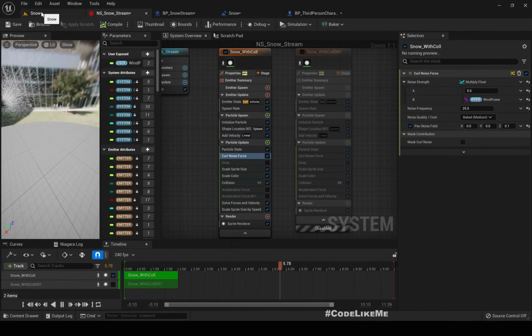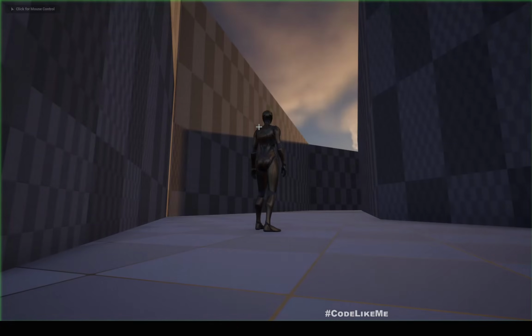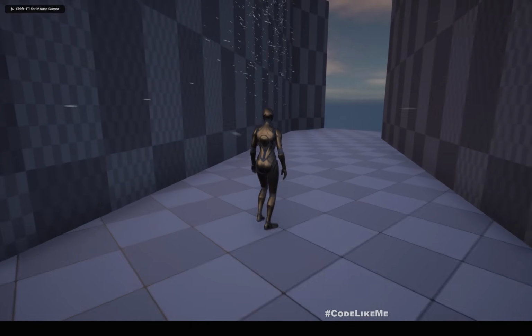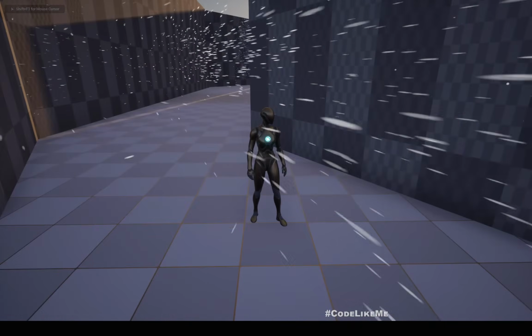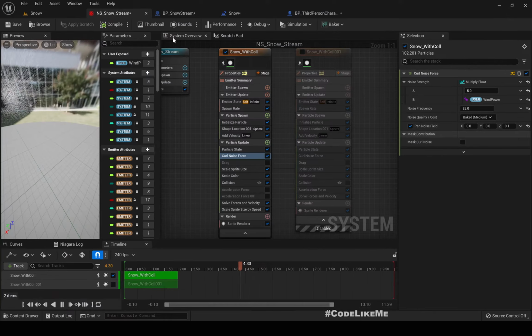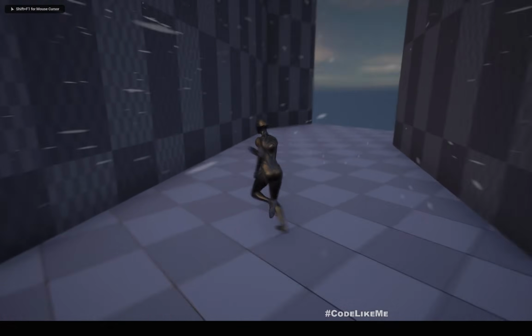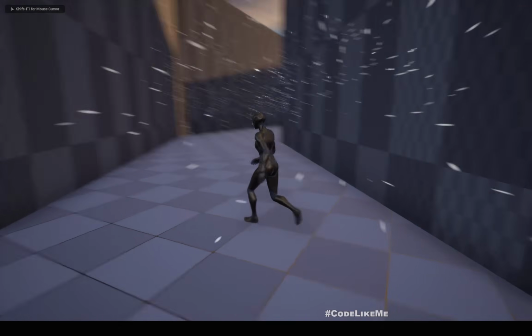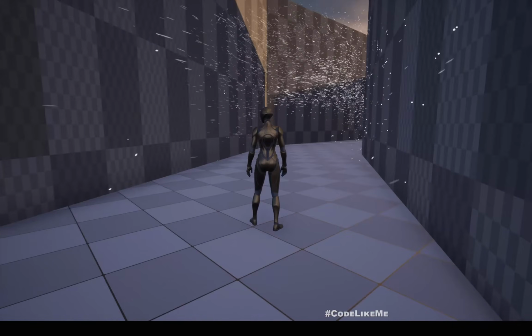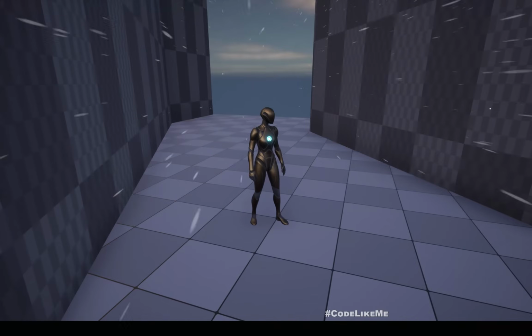Now if you feel like you need more turbulence for these snow particles within this corridor, you can try increasing this curl noise force, so it should give some noise to this movement of particles. See, they look more chaotic then.